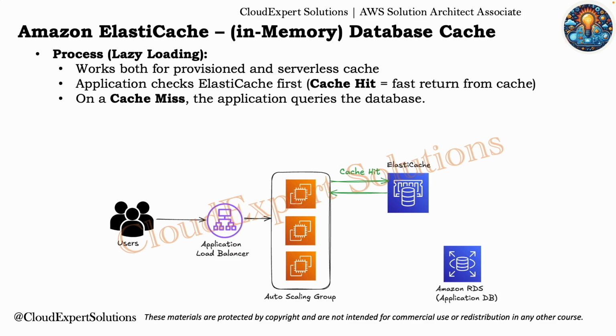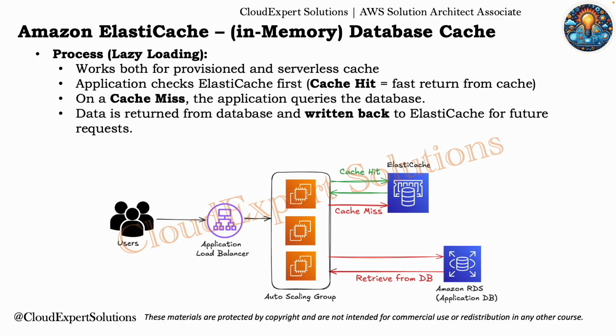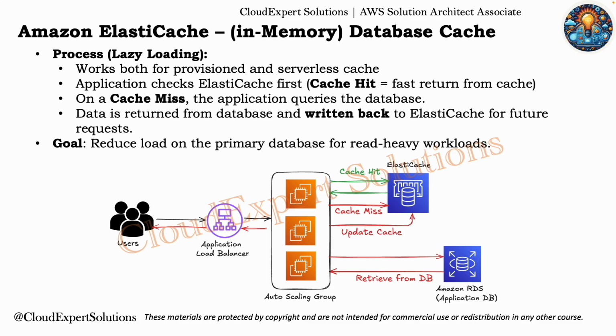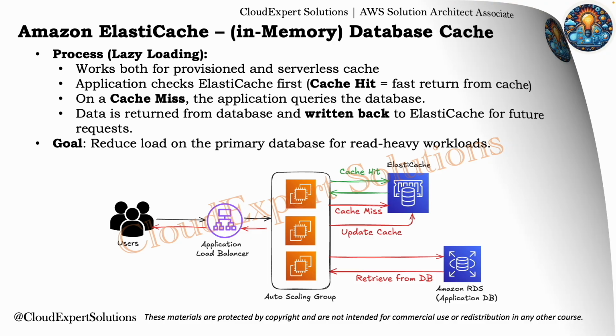Now, if the data is not in the cache, which is called a cache miss, the application then queries the primary database to retrieve the data. Once retrieved, the application writes it back to ElastiCache for future requests before returning it to the user. This approach is fantastic for read-heavy workloads where the goal is to reduce the load on your database.